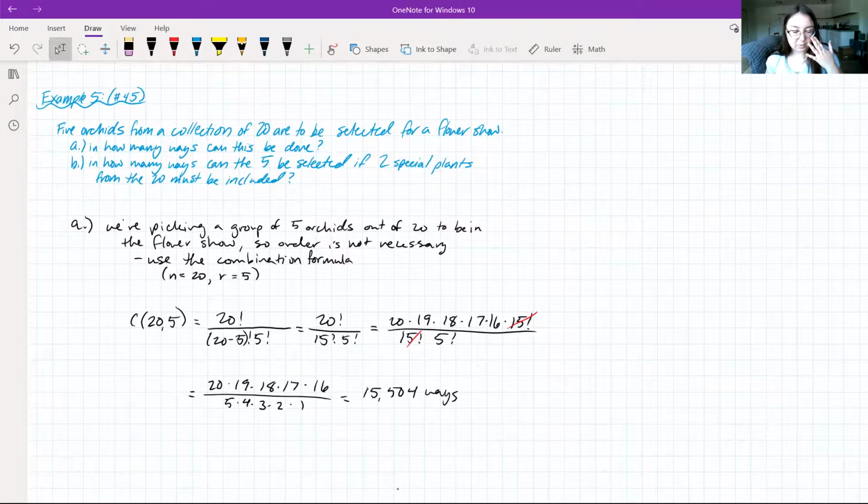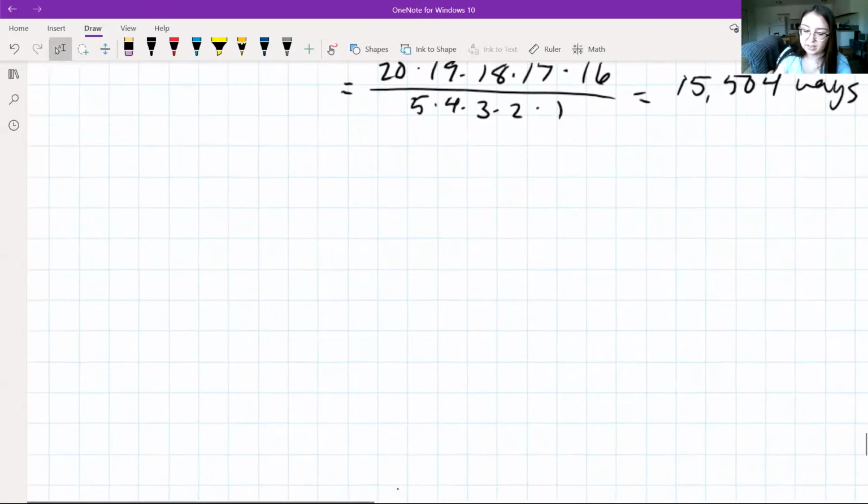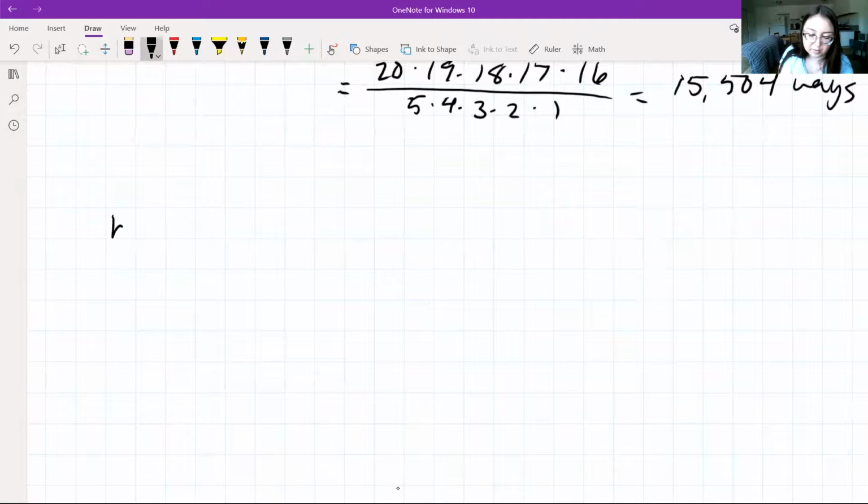Now for part B, we want to know in how many ways can the 5 be selected if 2 special plants from the 20 must also be included. So now we're essentially saying that 2 out of 20 have to be included in the 5. This is a little different from the ones that we've been working with.